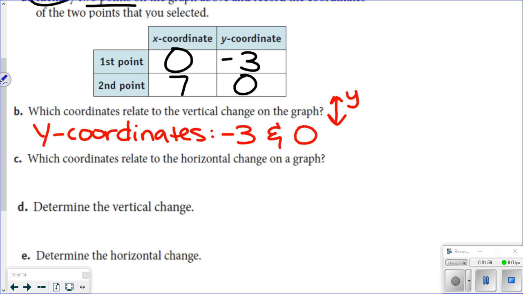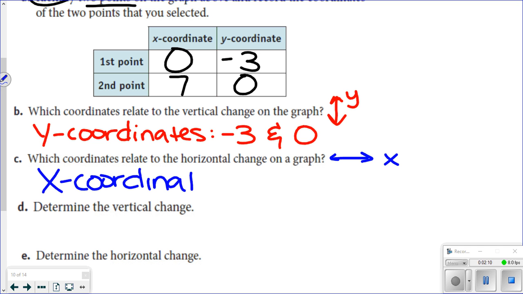Which coordinates relate to our horizontal change? Horizontal is left to right. That's our x-axis. So those would be our x-coordinates. Which, remember, those are 0 and 7.